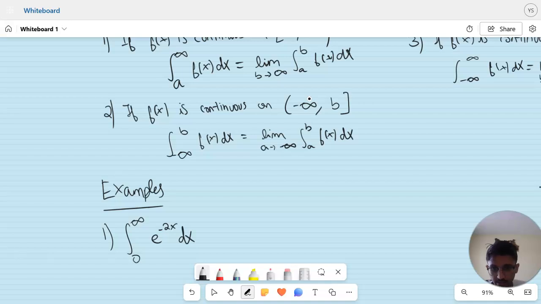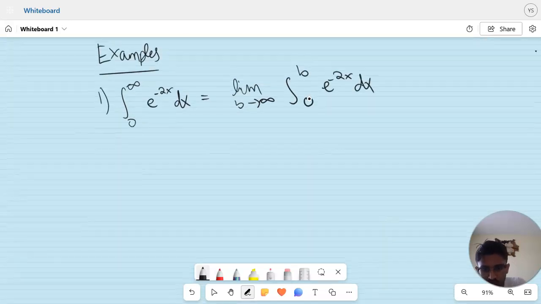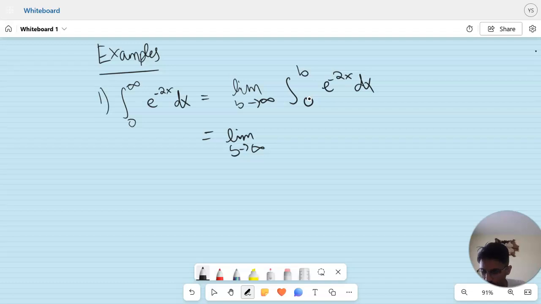The integral would be the limit as b goes to infinity, where a is, in this case, 0, so from 0 to b of f of x, which is e to the negative 2x dx. Now it's time to solve this. The next step is the limit as b goes to infinity, finding the integral of this first.